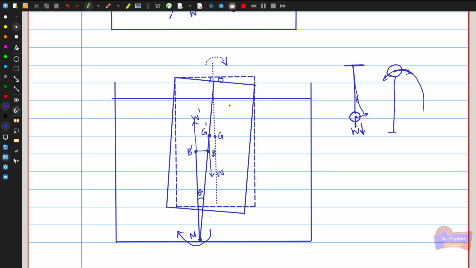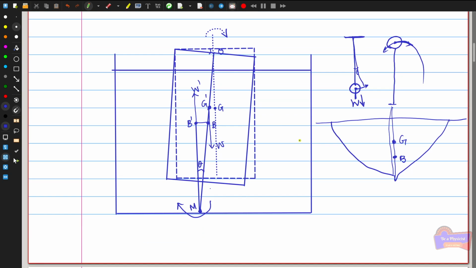Okay. So now let us discuss the same problem in a little more detail, in particular with reference to the floating vessel or floating ship. So let us consider this is the bottom of the ship, which lies in the water, and G is the center of gravity, and B is the buoyant force acting on it, which lies on the same vertical line.